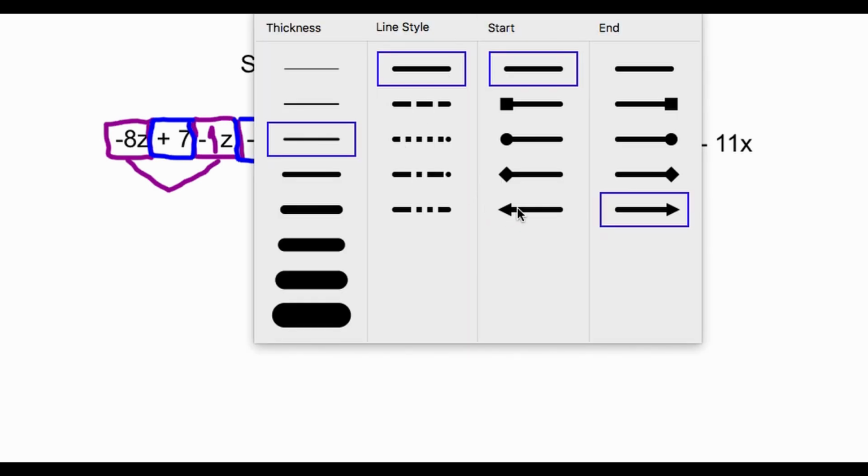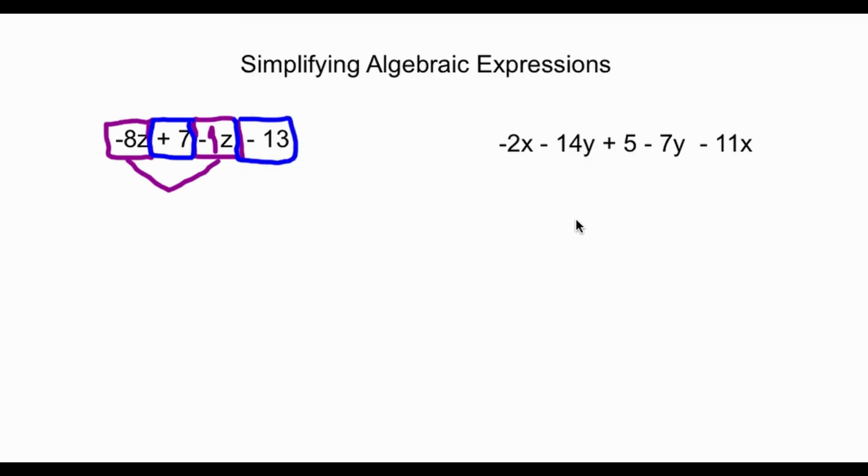So let's see. Okay, so here's the number line. Now to do it, I'm going to start with a negative 8. So in this case, the negative 8, I'm going to subtract 1. So I started at the negative 8.